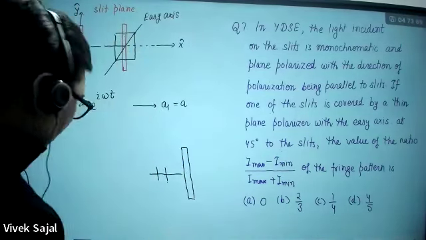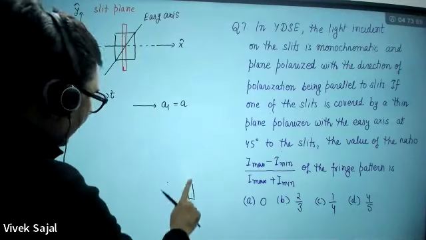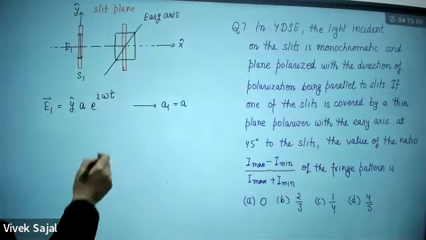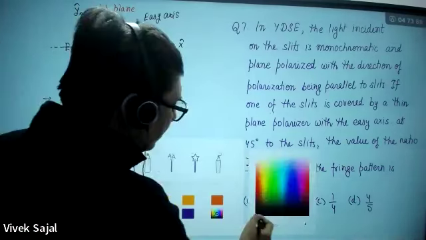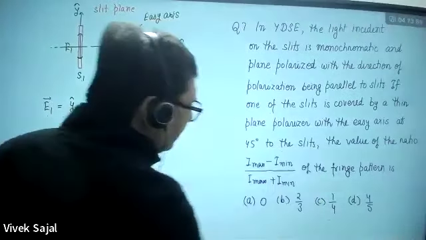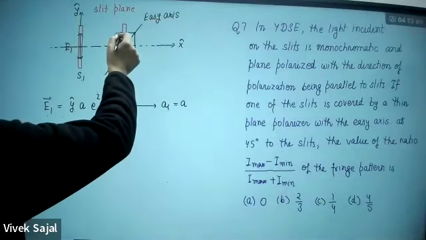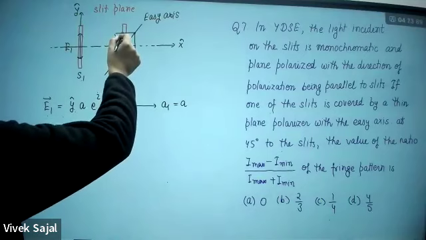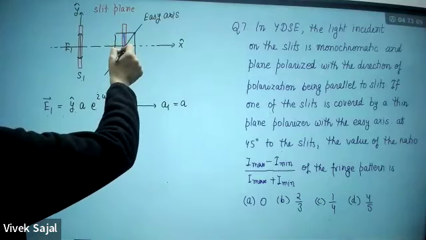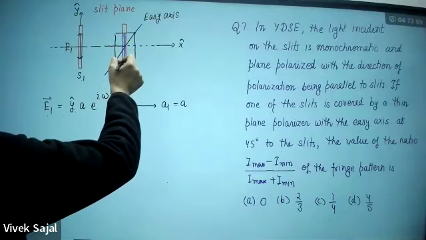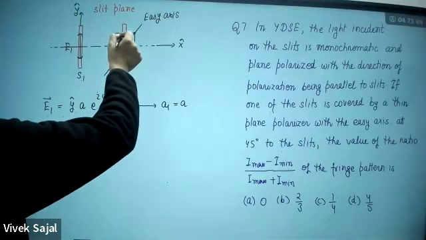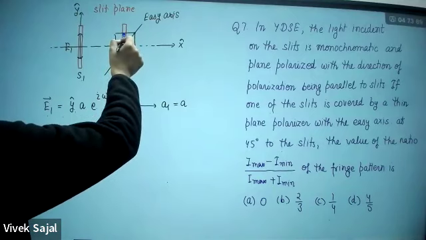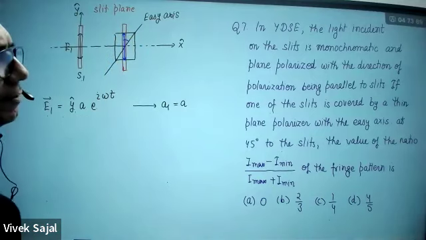Okay, in a simpler way, I will explain it to you. Try to understand. I use a different color so I can explain it in a different way. You have an electric vector here. On this polarizer, this electric vector is going to hit. This angle of the pass axis is 45 degree.